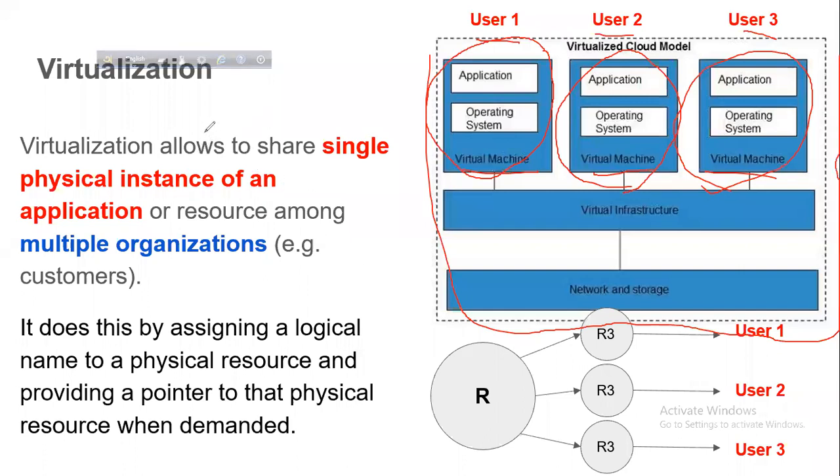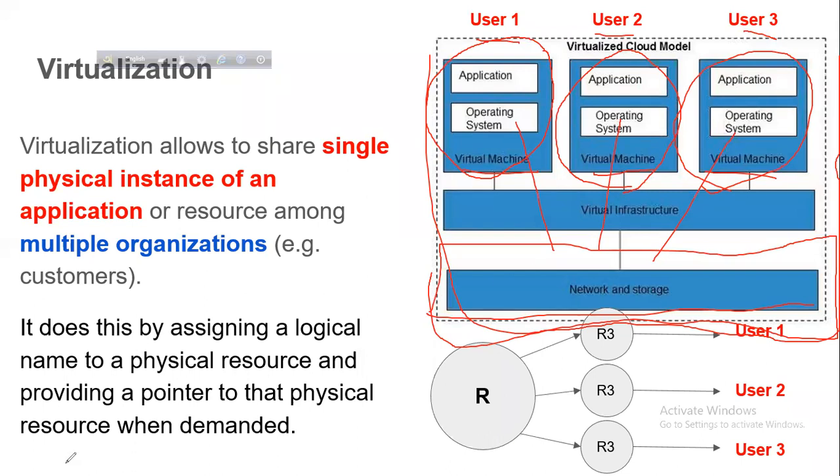So what is virtualization? Virtualization allows sharing a single physical instance of an application or resource among multiple organizations, that is, customers. So you have a single physical instance, for example, the hardware inside your server, that can be served to multiple users or multiple organizations.